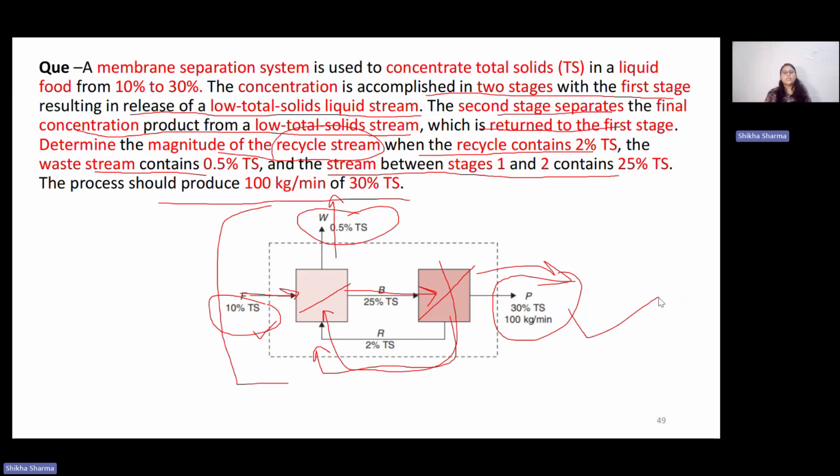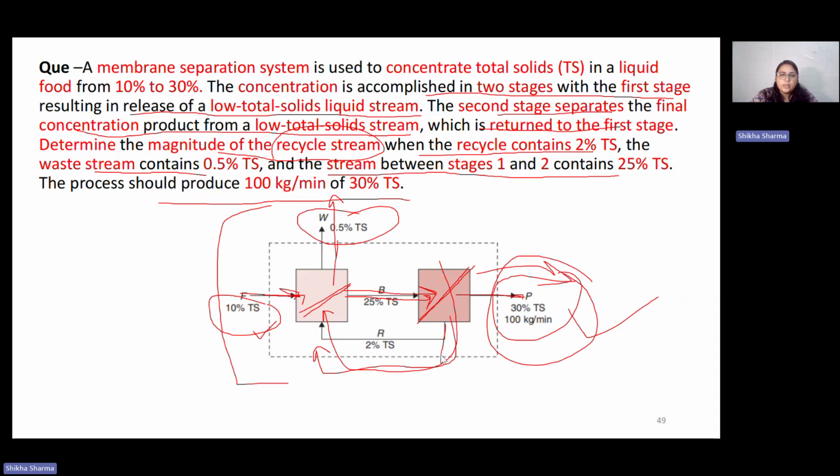So basically there is a liquid with 10% TS fed into this first membrane separation. The waste is removed at 0.5% TS, and the remaining, which has 25% TS, goes to the second stage. If we achieve 30% TS, it is the final product with 100 kg per minute production.